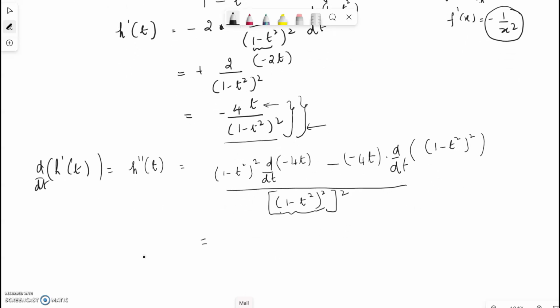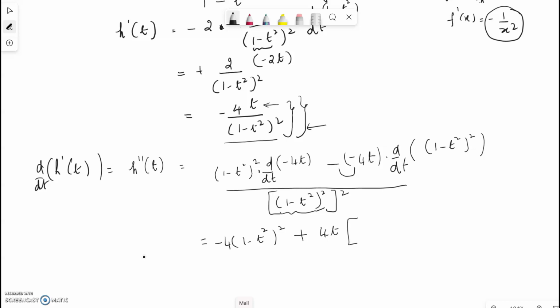So this is equal to 1 minus t squared the whole squared. D by dt of t is 1, and we are left with negative 4, and these two are multiplied together. So it's negative 4, 1 minus t squared the whole squared. The negative and the negative become a positive 4t. D by dt of 1 minus t squared the whole squared.